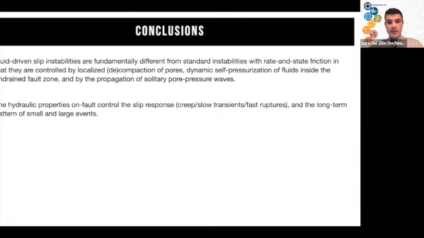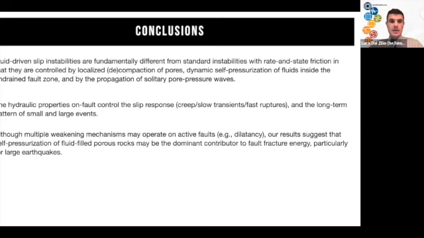And the hydraulic properties also control the slip behavior, in particular porosity and permeability. And because of that, we can either have slow or fast events, even within the same fault segment. And we have seen that we can have different mechanisms operating at the same time within the fault zone. An example is dilation and compaction.